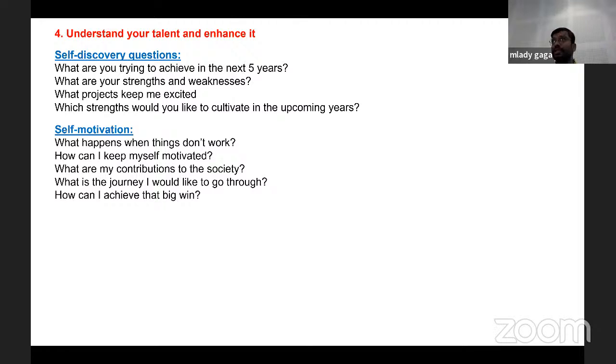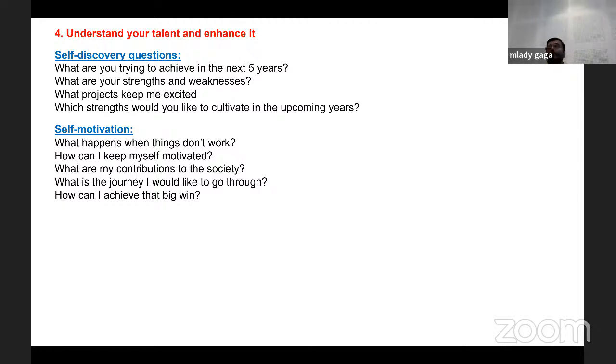If I solve this question, what will it contribute to society? For example, the global population now is 8 billion. By 2050, it will be 12 billion. What are they going to eat? They will not have food.